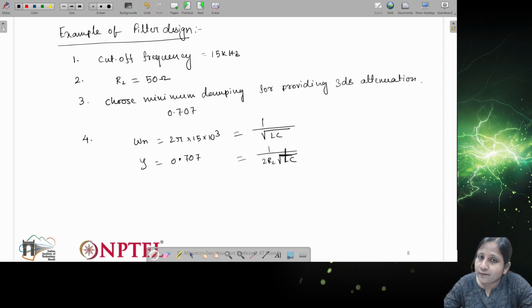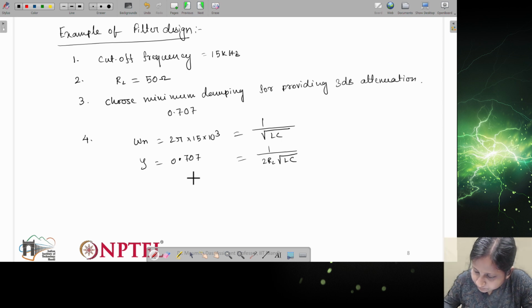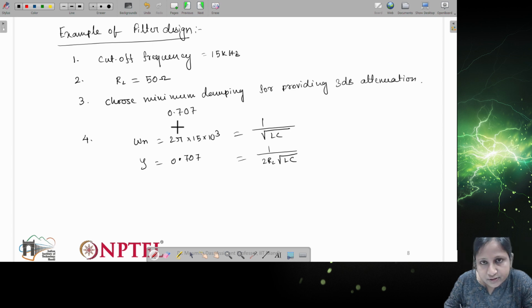Now whatever value of L and C I will be getting, I can either use that, or maybe by using some method I can see whether this can be optimized. Generally, as I said, for this damping factor you can choose different values, but here I am choosing 0.707, the minimum damping factor.